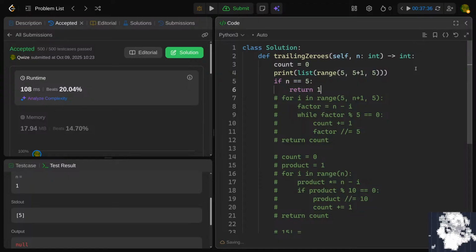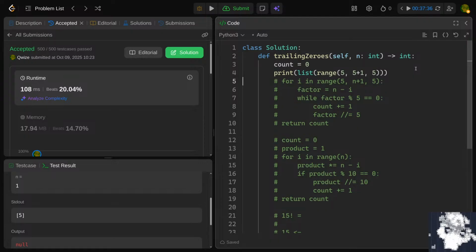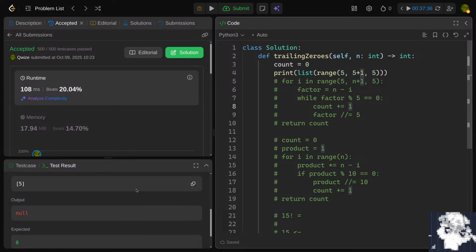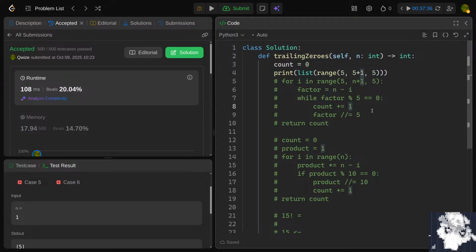If n is 5. No. Hold on, I'm getting confused. Why would this be an infinite loop? Once you divide out 5, you have 1, and that's not mod 5 anymore. I mean, I still have the problem that I is starting at 5 even when n is less than 5.